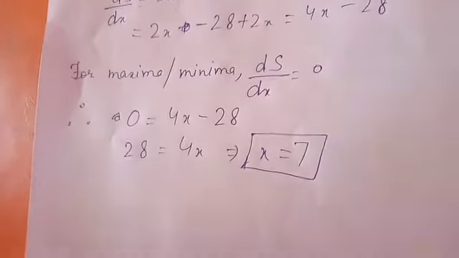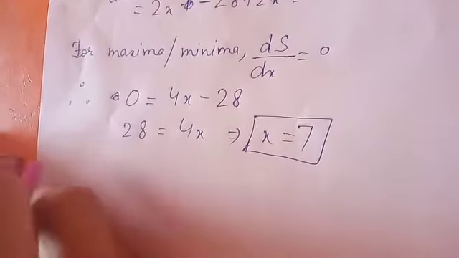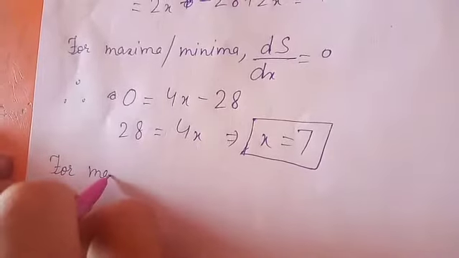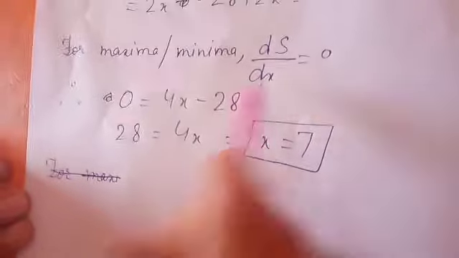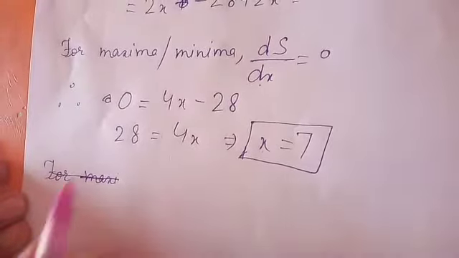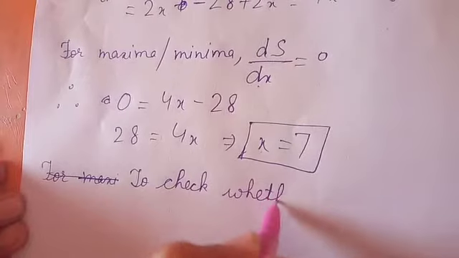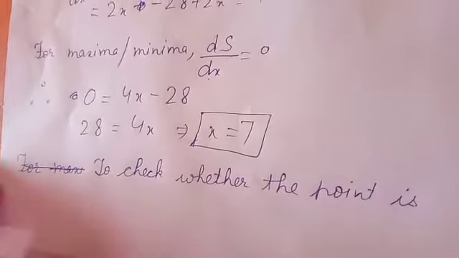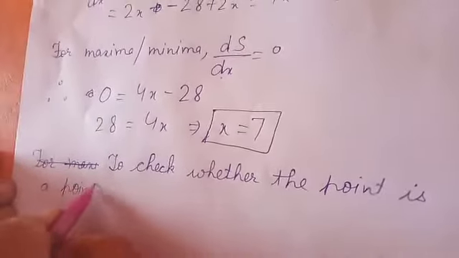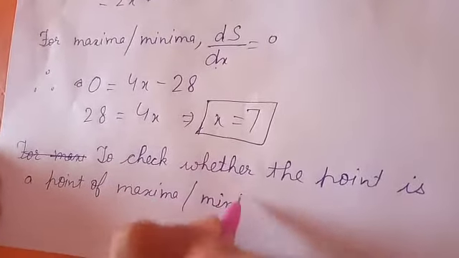Okay. Now we need to prove that the sum of their squares will be minimum. To prove that, we want to check whether the point is a point of maxima or minima.